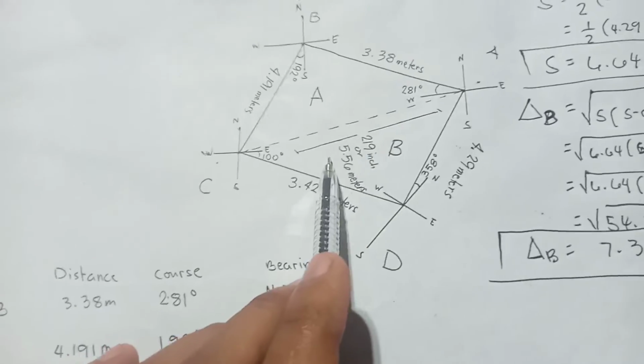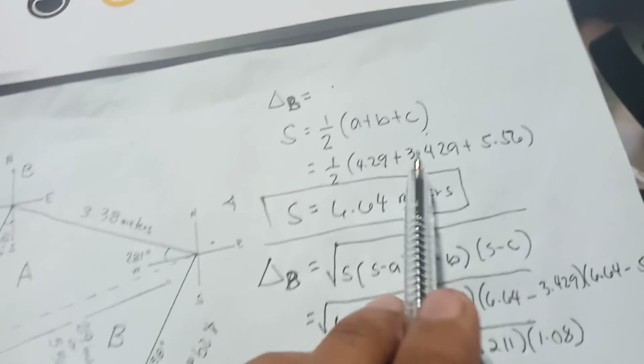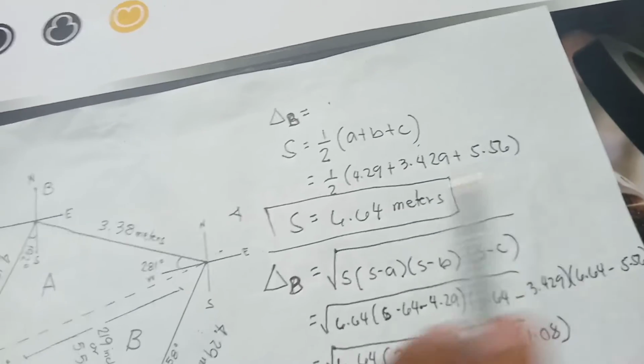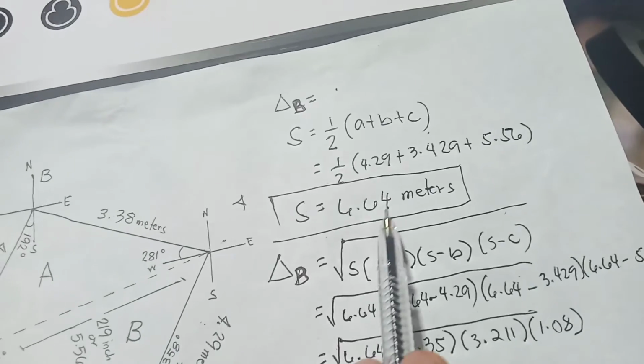So the diagonal line is 5.56 meters. After substituting the values, we now get S equals 6.64 meters.